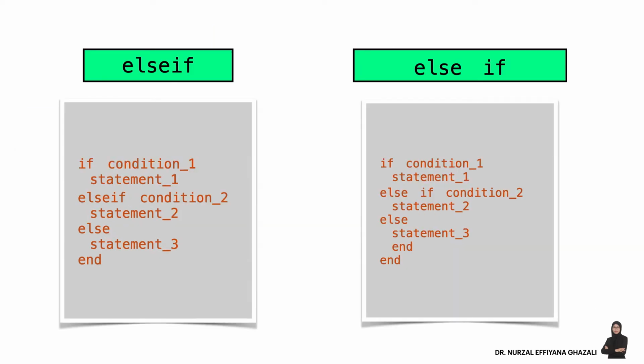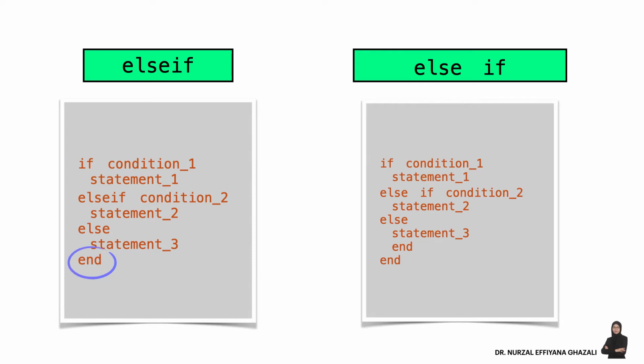In MATLAB, there are two ways to write else if. If you write elseif without a space between these two words, it means that it is a linear sequence of conditionals. Thus, you only need one end.